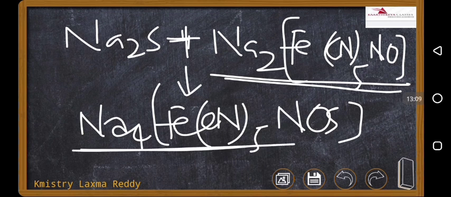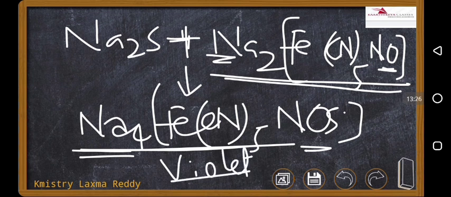The first compound is sodium nitroprusside, so you can call this sodium thionitroprusside. Na2 became Na4, NO became NOS. One sulfur is extra, so you add the name thio, and this is violet color. If violet color is formed when it is treated with sodium nitroprusside, then that is a test for sulfur, and sulfur is confirmed.